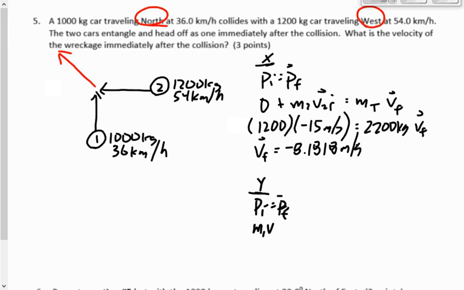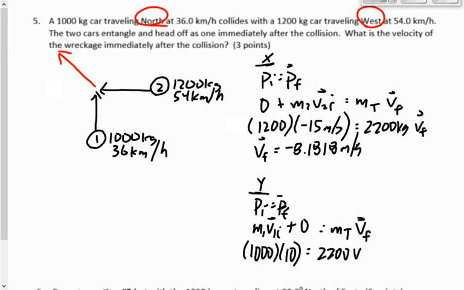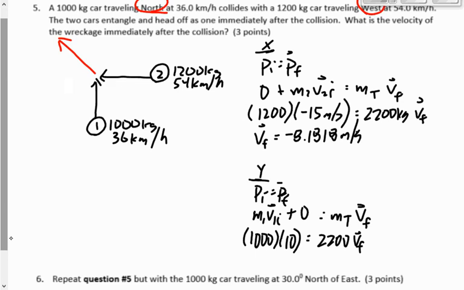M1 times V1I plus 0, because object number 2 is only on the x-axis, equals MT times VF. 1,000 times 10, 36 kilometers per hour is 10 meters per second. Solve for VF there, and VF for the Y component works out to be 4.54.